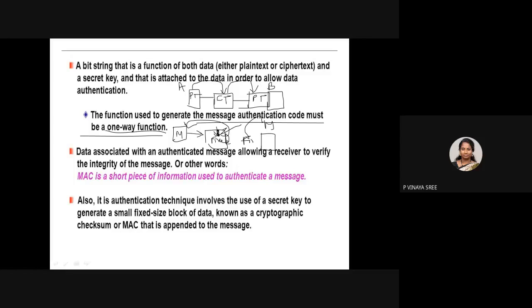The receiver can identify whether the received message is the same one the sender has sent or not. For that we have different techniques, but before that, try to understand the concept I am explaining. In other words, MAC is a short piece of information used to authenticate a message. Just now I said authenticate a person, authenticate a message, that is, whether the message is altered or not.